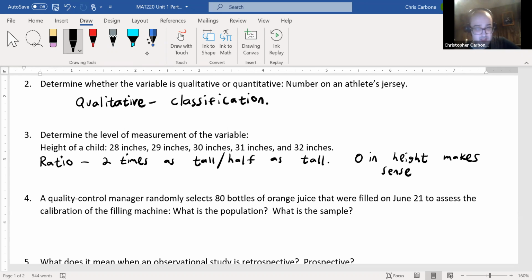So specifically our sample is going to be the 80 bottles of orange juice filled on June 21st.